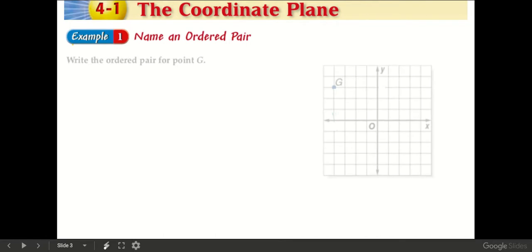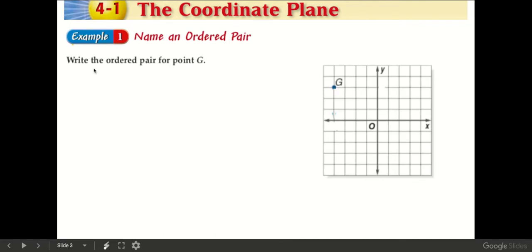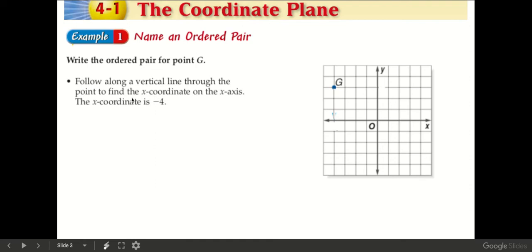Let's look at an example. Let's name some ordered pairs. Write the ordered pair for point G. So here's point G over here. If I were going to identify and name this ordered pair, first I would want to follow along how far it goes on the x-axis. So how far left does it go? If I follow it here, it looks like it goes 1, 2, 3, 4 units to the left.